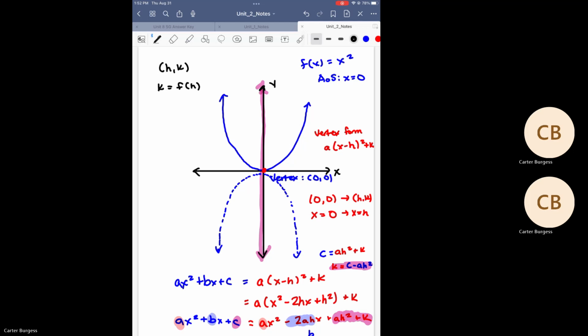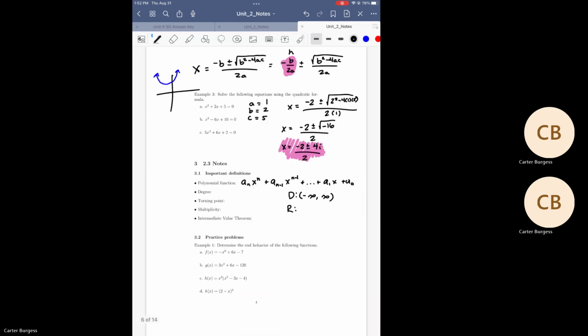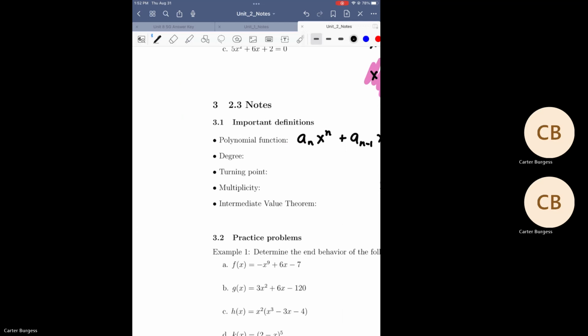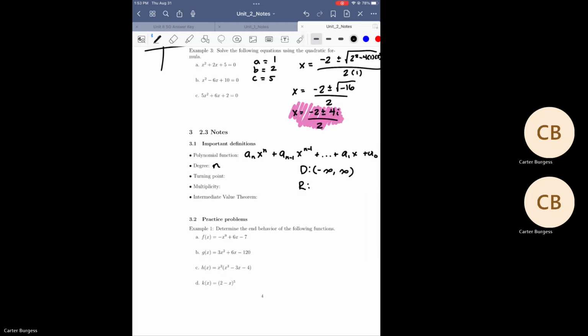And so it's largely going to depend, and in particular, what it is going to depend on is the degree of the polynomial, which very simply is just whatever n is. Or we could think of it as being whatever the largest exponent is.